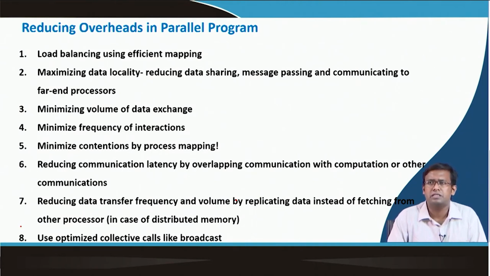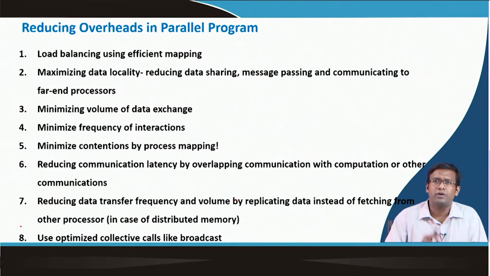We will discuss these collective calls in much more detail when we discuss OpenMP and MPI. These collective calls usually have some advantage over the computer hardware. That means, when the parallel computing hardware and the compilers are developed, they are already optimized for these collective calls.